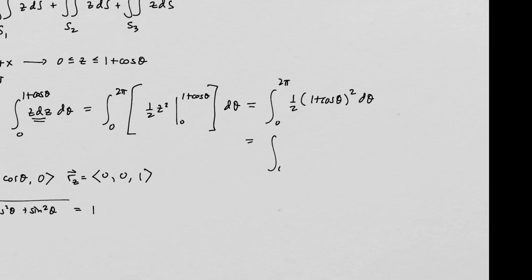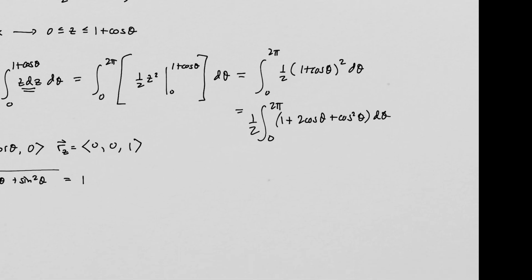So we got more integration to do here. So we've got 1/2 integral, then 1 plus 2 cosine of theta plus cosine squared of theta, d theta. And then, of course, we need to use a double angle identity here. So that's going to be 1/2 plus 1/2 cosine of 2 theta. And I think from here, we'll just go ahead and put down the result.